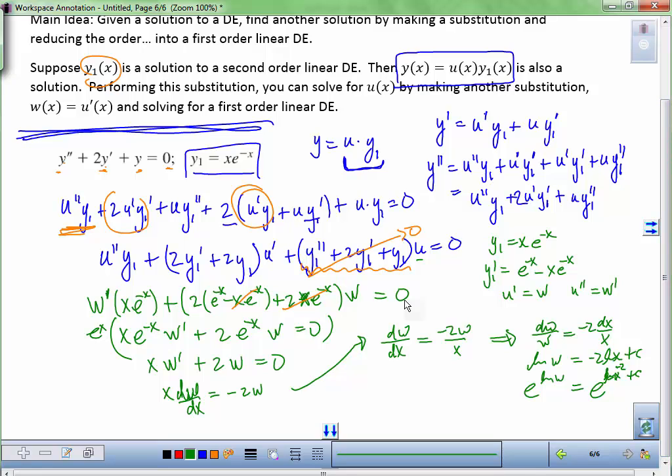So this will give us an arbitrary constant. We can call it A or whatever. A times e to the ln of x squared, which is just the ln of x to the negative 2, x to the negative 2.